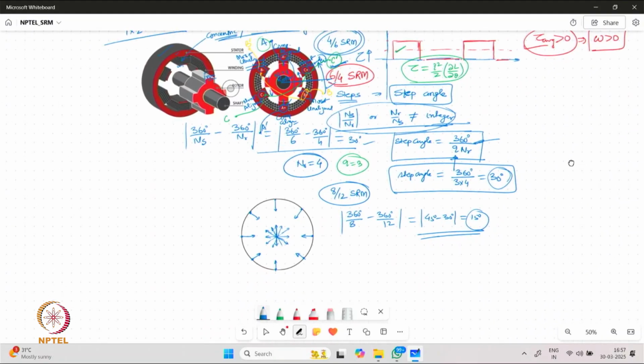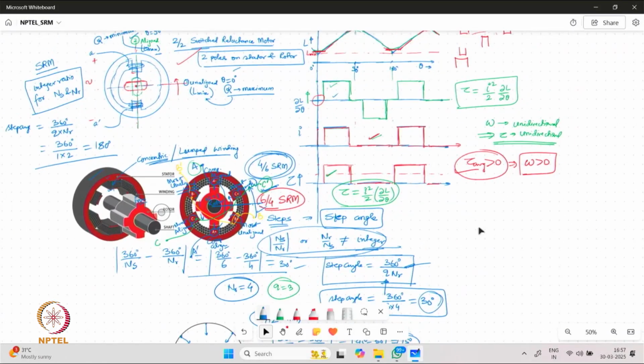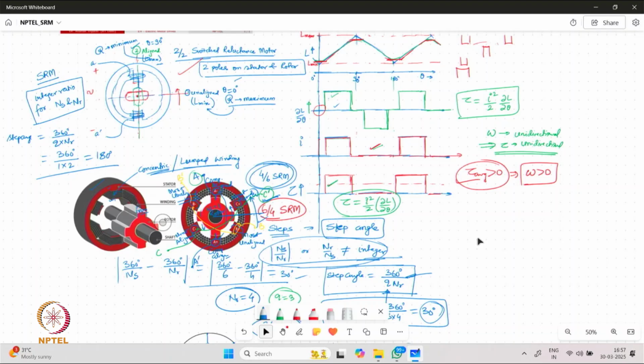Now, given that we have to provide such current for the machine, how are we going to achieve that?